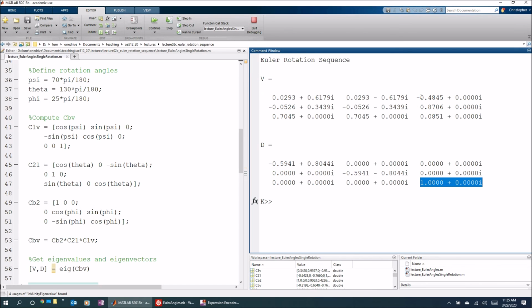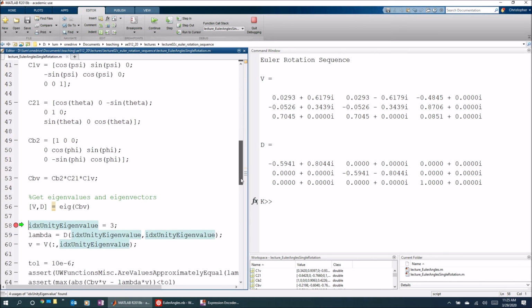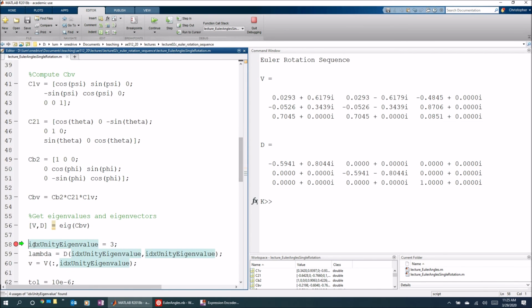So what we need is the third column of the eigenvector matrix, right? This column right here is going to be the eigenvector associated with the unity eigenvalue. So what I'm doing here in these next 3 steps is we see that the index of the unity eigenvalue is the third index, right? Index 3. So I'll just pull off that eigenvalue right here.